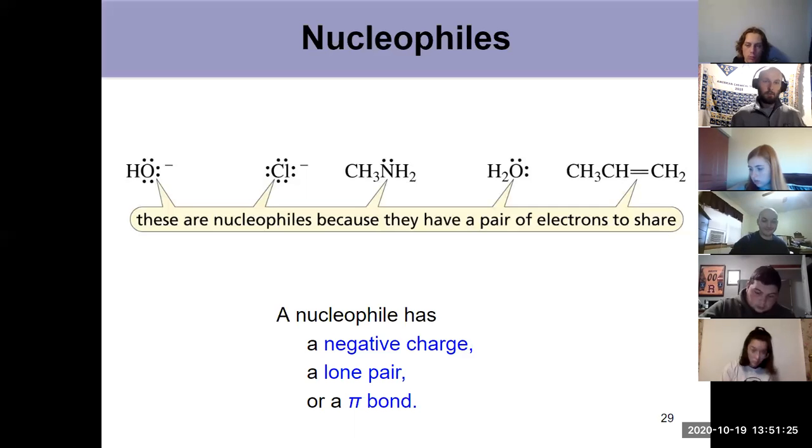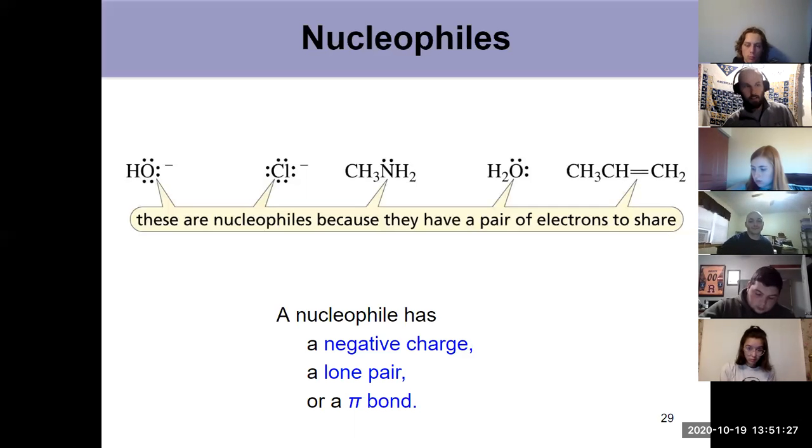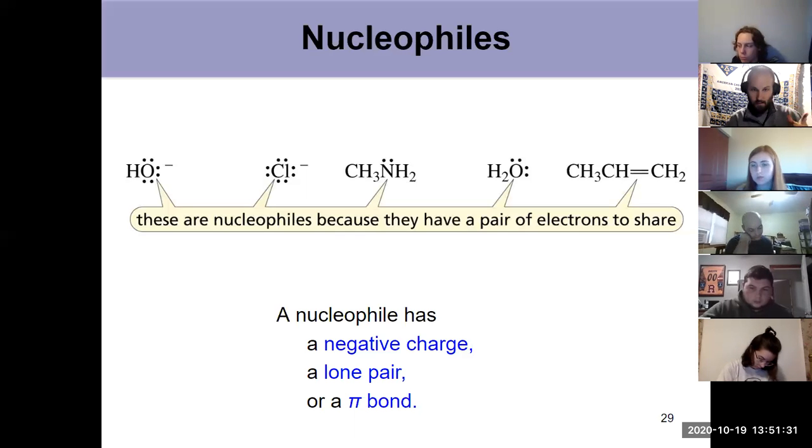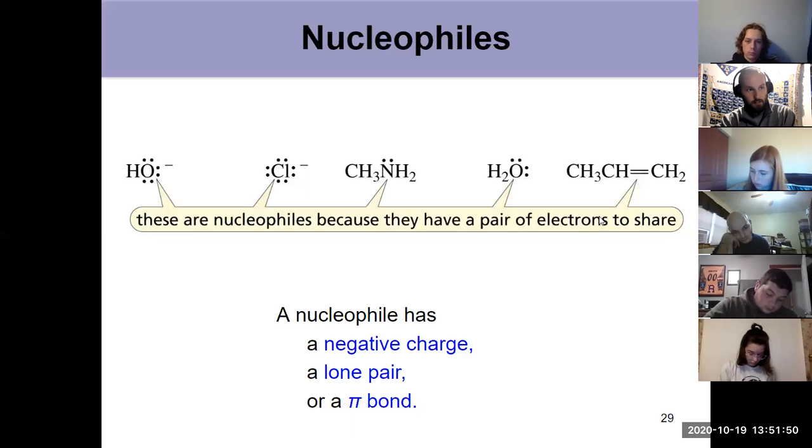But at the end of the day, your electrophiles are the things that are electron deficient. Your nucleophiles on this slide are the things that are electron rich. They have a pair of electrons that they can share, and they share that pair of electrons with the electron poor electrophile. In each situation here, I've got a lone pair of electrons that can be shared.